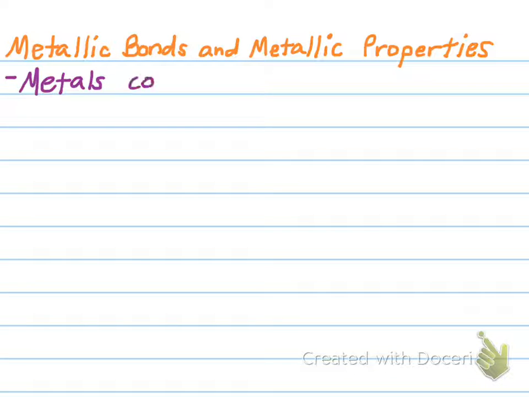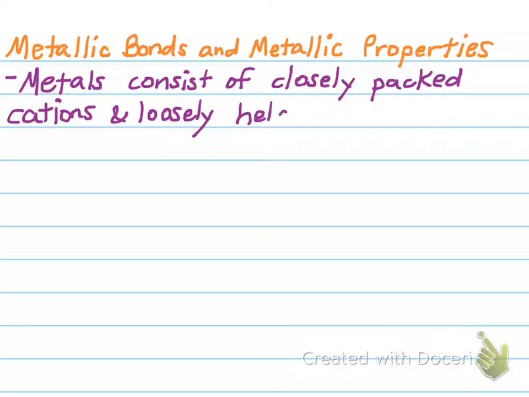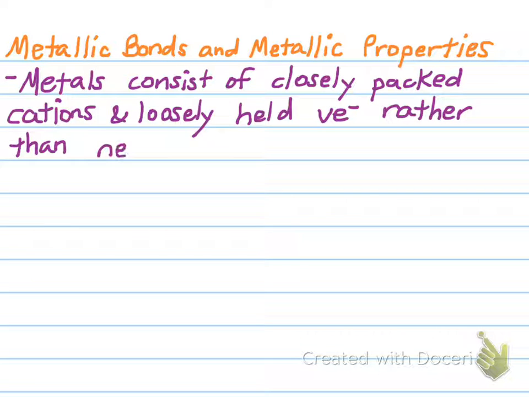Metals consist of closely packed cations and loosely held valence electrons rather than neutral atoms.